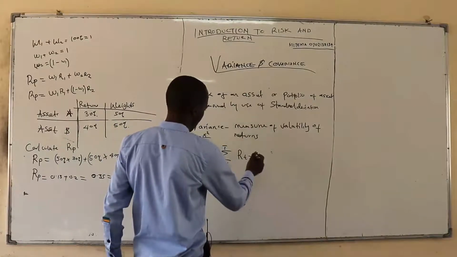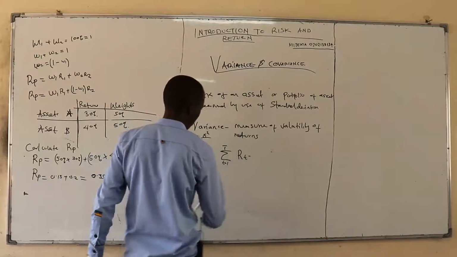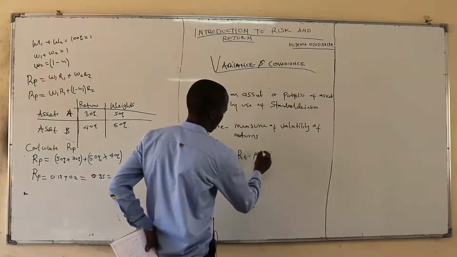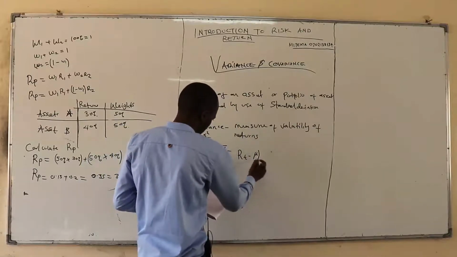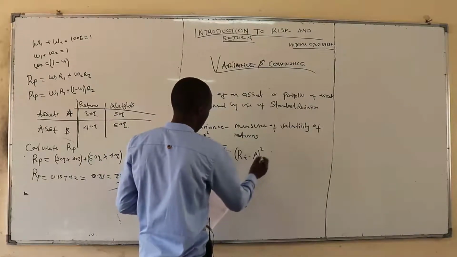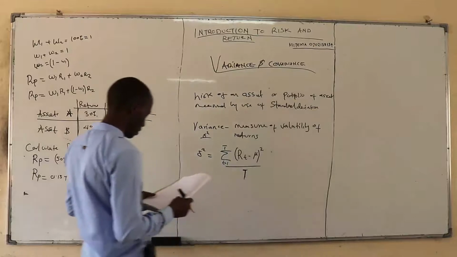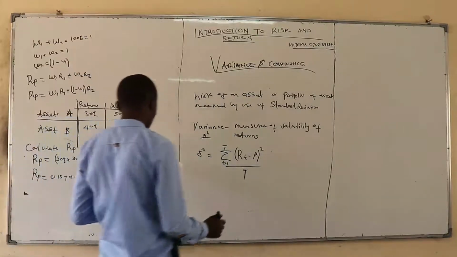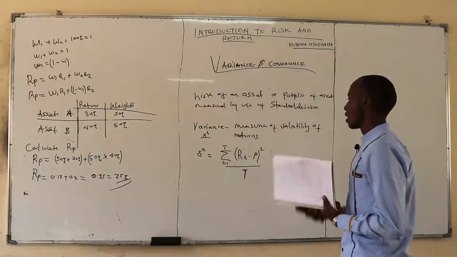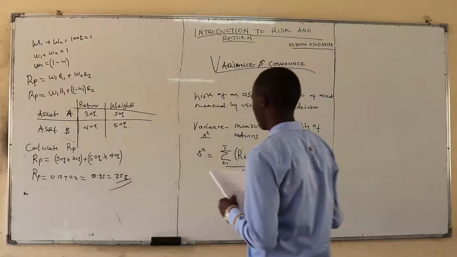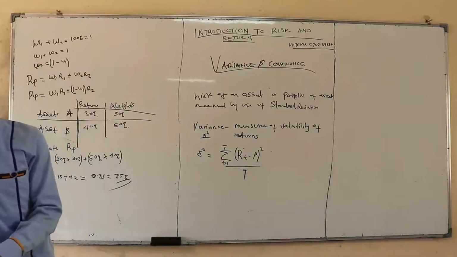This letter is a Greek letter which stands for mu. It means the mean. You square this, and then you divide it by T, the time. So these are the returns for the period which you are given. T is the total number of periods, and mu is the mean of total returns, assuming T is the population of the returns.